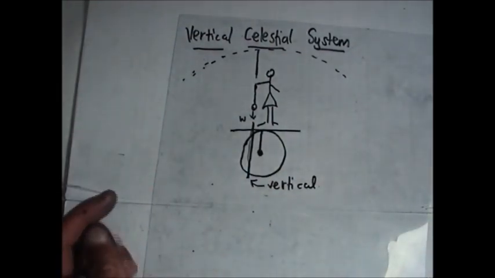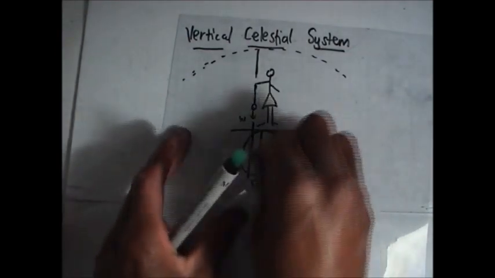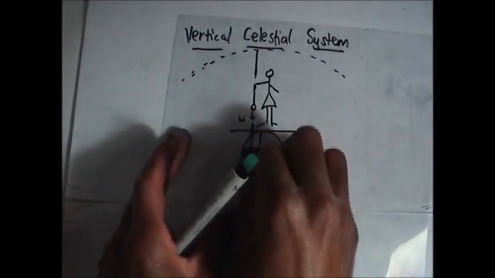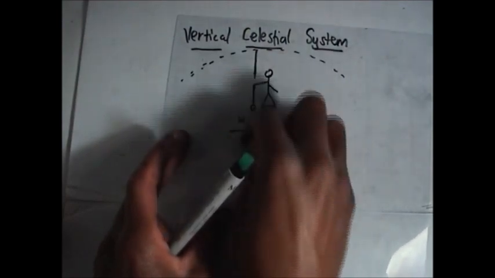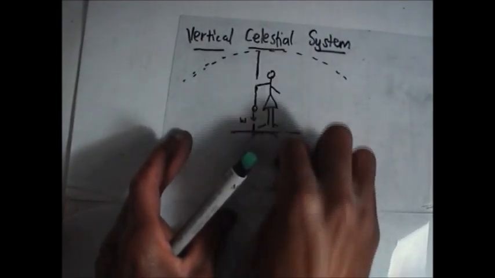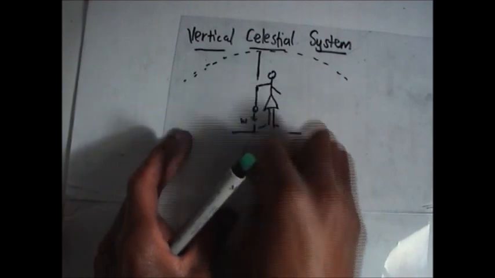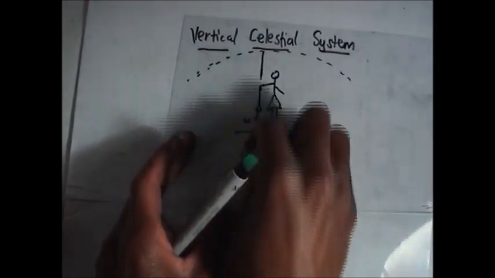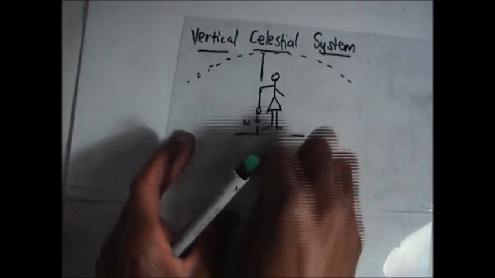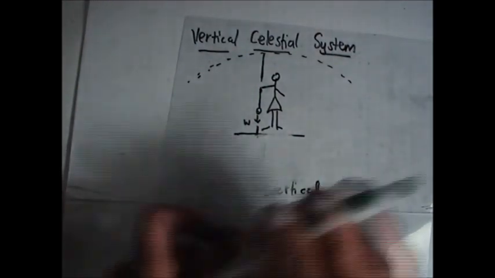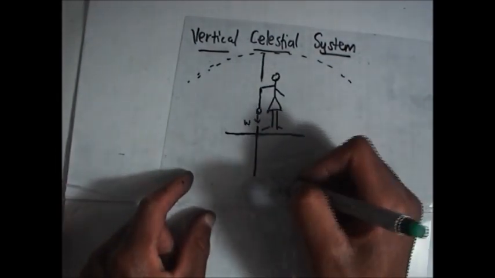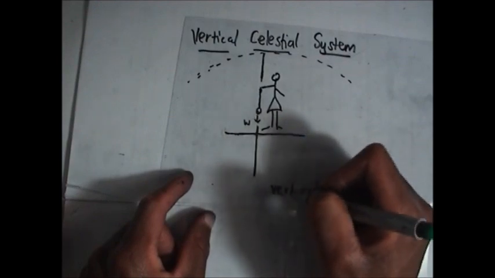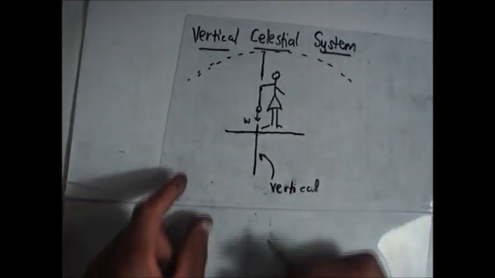Let me try and erase this circle that I put to represent earth that she's standing on. Okay, so when you extend it, even going down like that vertically, you come up with something called the vertical. So this is called the vertical.